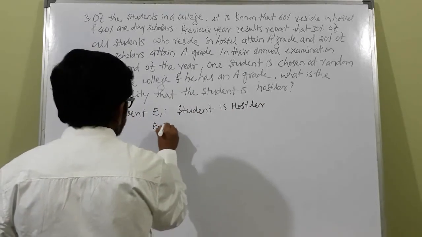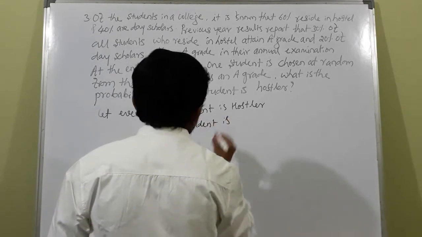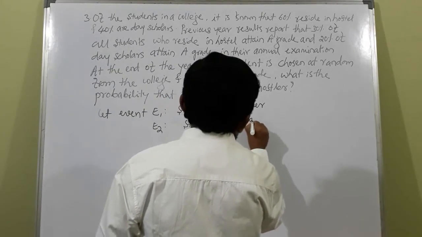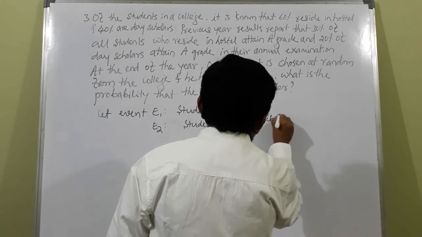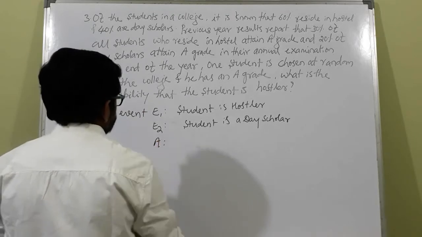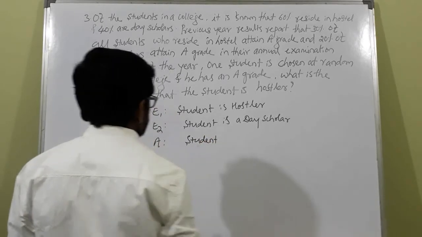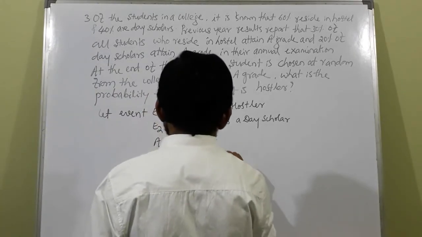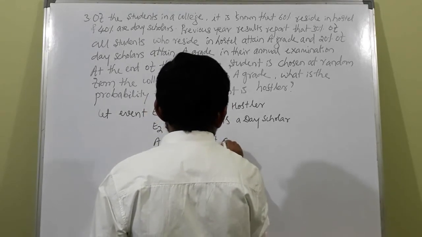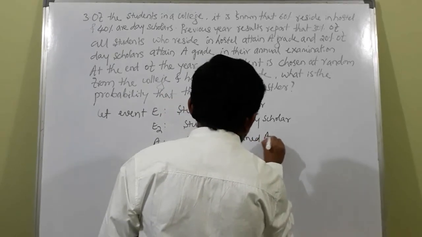E2 is the student is a day scholar. A is the student attained A grade, isn't it? Attained A grade.